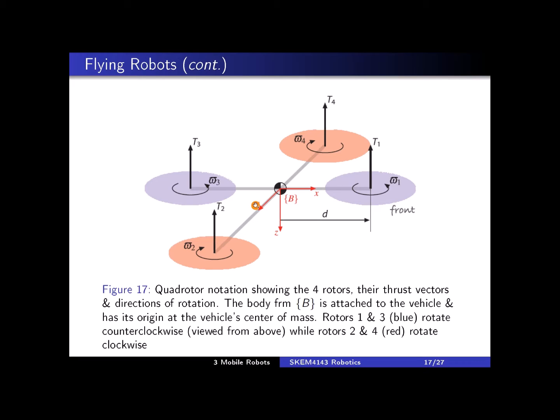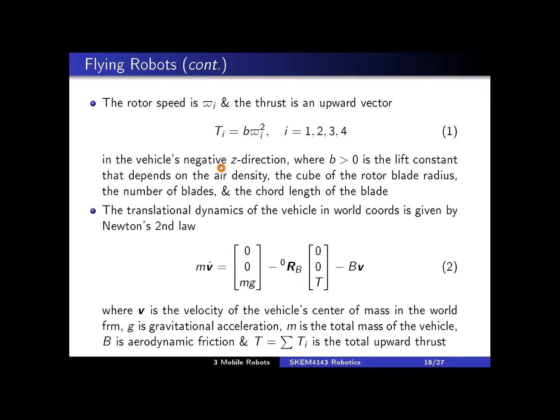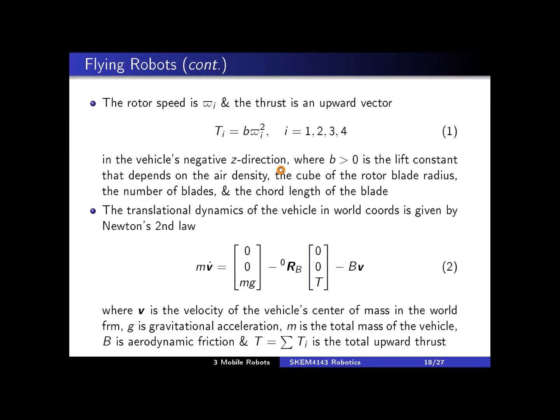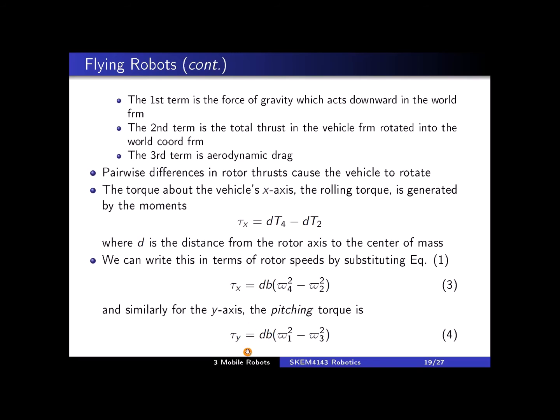If I want a positive rotation, I need to give a positive torque, which means T1 has to be greater than T3, right? As you can see, if T1 is greater than T3, the quadrotor will rotate this way, okay? And that's why tau y is d T1 minus d T3.